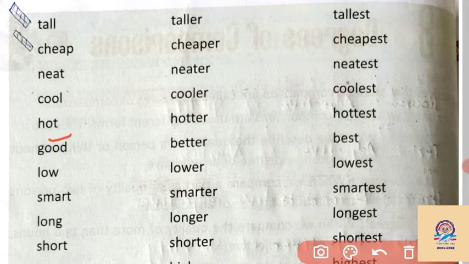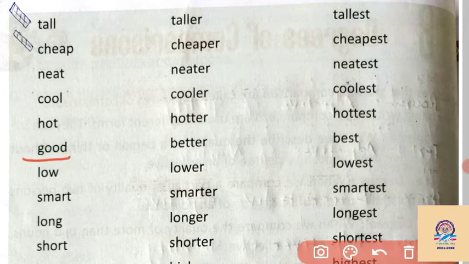So during the comparative we add a double t after ho. So hot changes into hotter, then we add er. The last letter t is doubled here. And again in the superlative we add double t after ho, so hot changes into hottest, then we add est in the superlative degree.